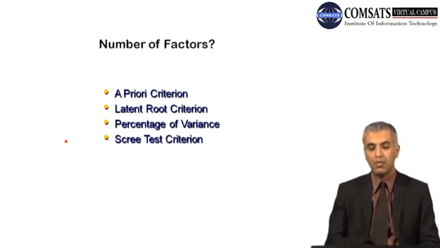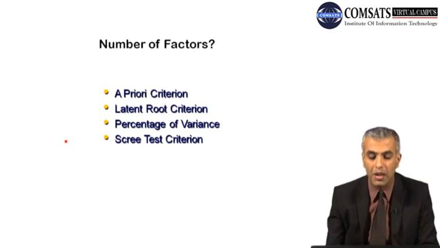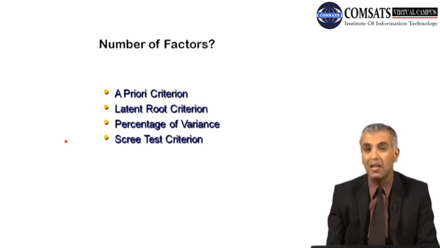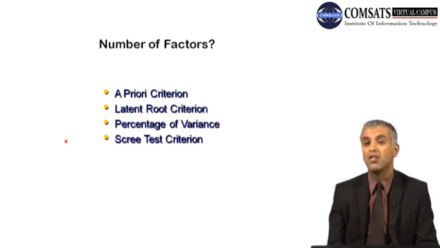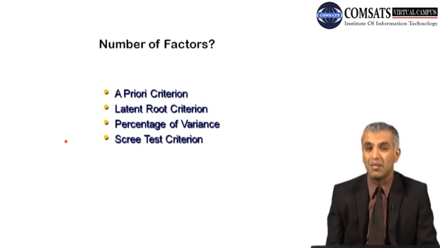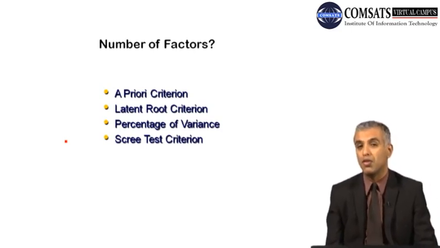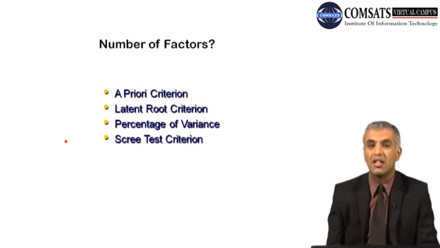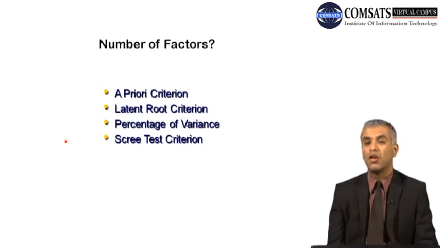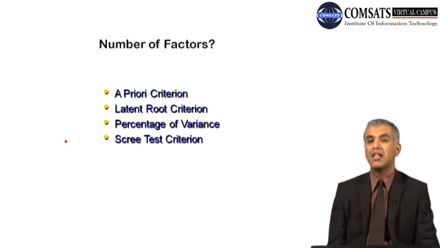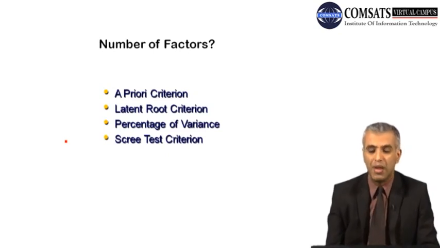That is an important question, because sometimes in theory it has already been decided by various theorists that such a concept, let's say organizational commitment or employee commitment towards the organization, the group of questions which are used to explain this construct can be divided into only three main factors.